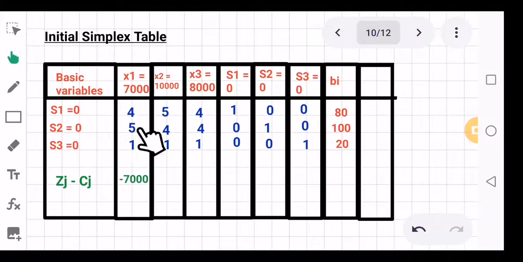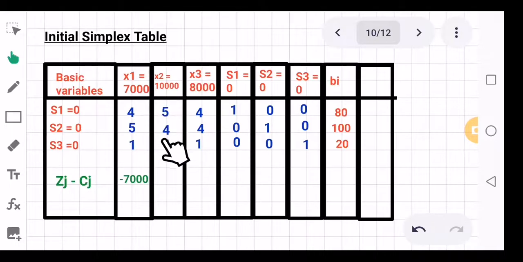Once you get the total zj, you have to subtract it with 7000, your coefficient of x1, so you get minus 7000. That's how I got it. I did 4 into 0 plus 5 into 0 plus 1 into 0 minus 7000.